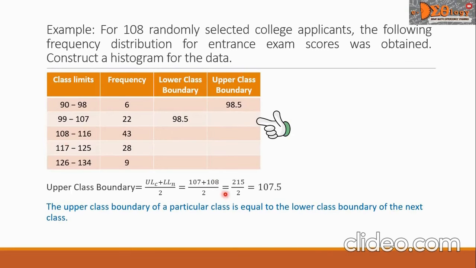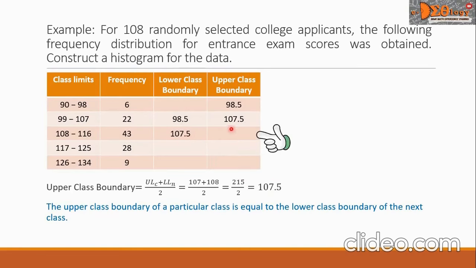This is equal to 215 over 2 equals 107.5. And this value we will write here. Again, this 107.5 we will copy down here as the lower class boundary for the next class.